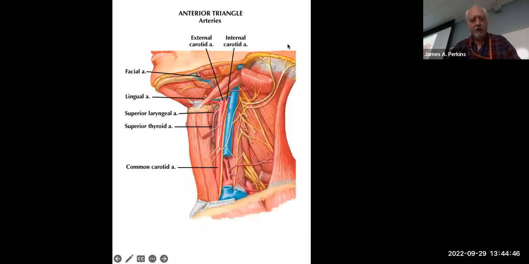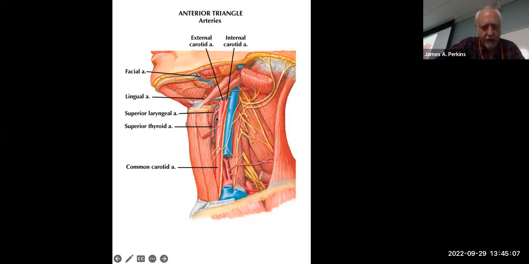So you've seen this picture before, but this is supposed to show some of those arteries. So here's your common carotid coming up, and then it bifurcates right about here. Internal carotid is more posterior, doesn't give off any branches in the neck.